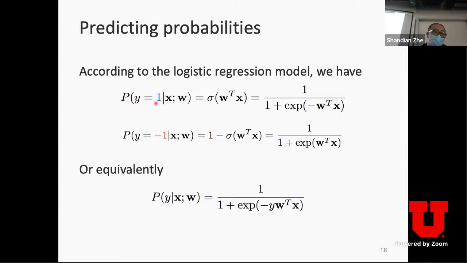No matter whether your y is 1 or minus 1, I can always write down the probability that y takes that value as 1 over 1 plus e to the power of minus y w transpose x. You can just check: if y is 1, it gives the formula on top, and if y equals minus 1, it reduces to the second line. So that's a convenient expression.